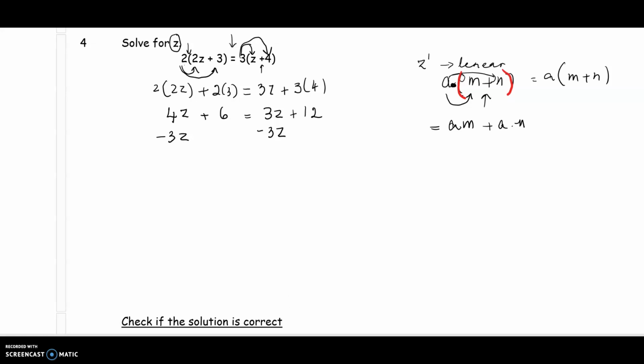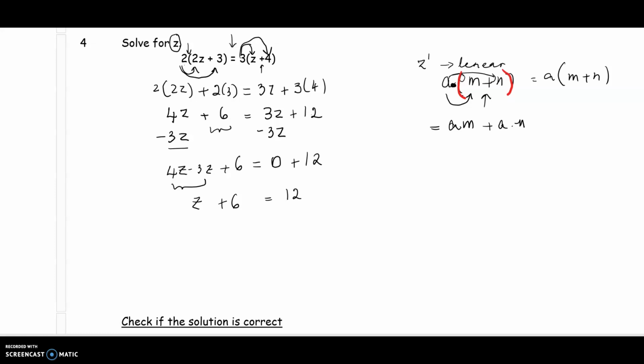So we have 4z minus 3z plus 6, so the 6 remains, equal to, so don't forget the equal to, always write both sides of the equation. 3z minus 3z is 0, plus the 12 remains. So we have 4z minus 3z, which is z, plus 6 is equal to 0 plus 12 is 12.